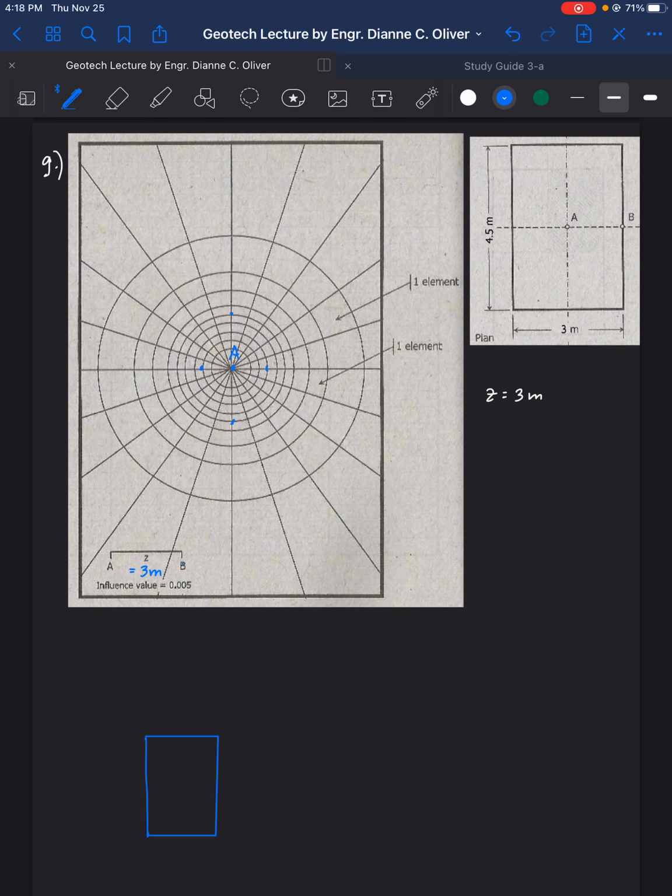So then use your ruler or straight edge, draw a horizontal line and your vertical line.